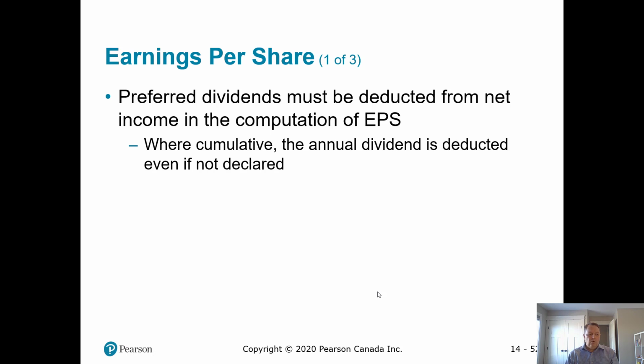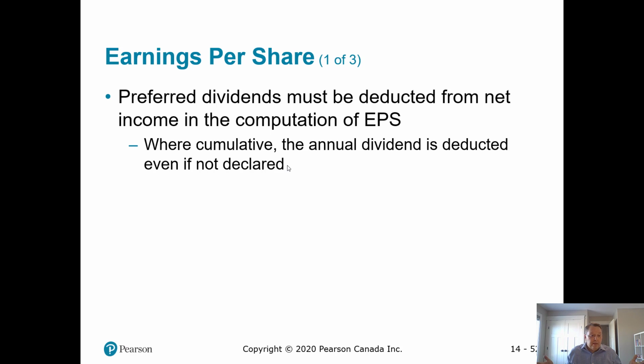Now, when you're doing your earnings per share calculation, you also need to make sure that you deduct any preferred dividends that you are going to pay or need to pay from net income before you finish calculating earnings per share. So if the dividends are cumulative, then the annual dividend is deducted even if it's not declared.